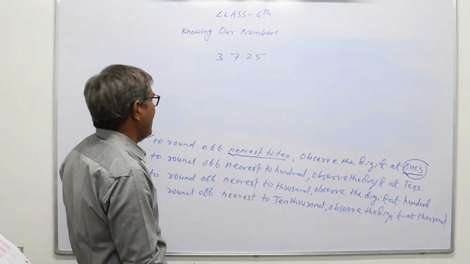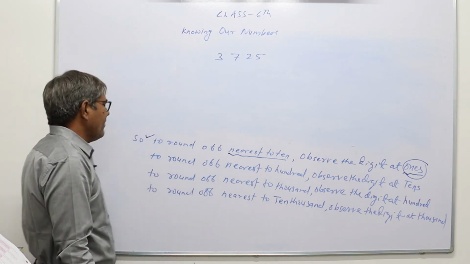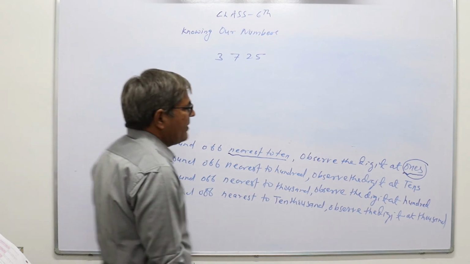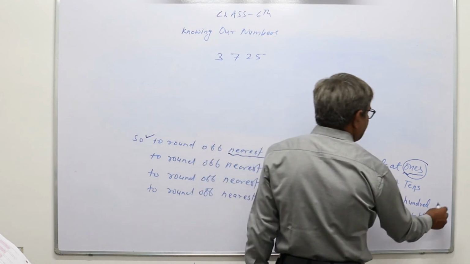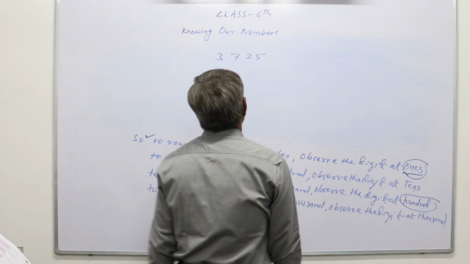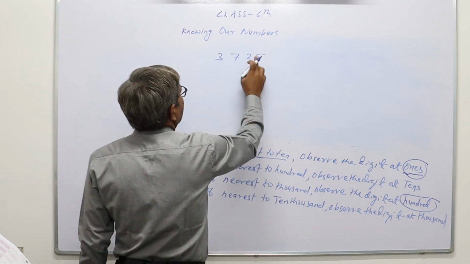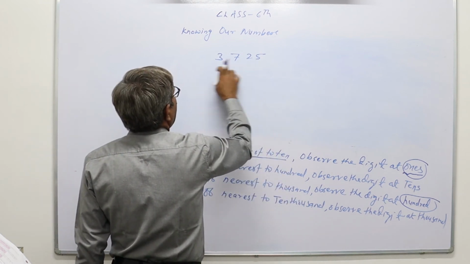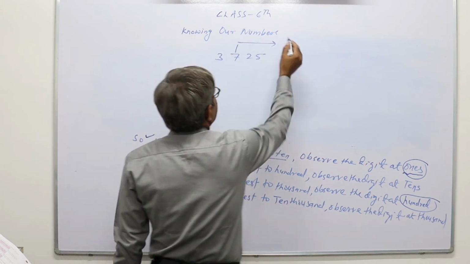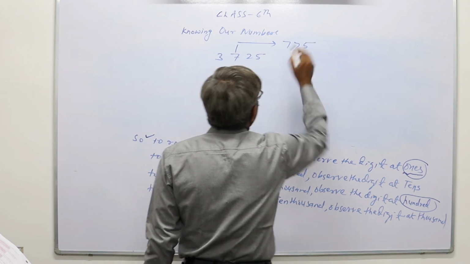If any number is given to round off nearest to 1000, which digit will we observe? We will observe the digit at hundreds place. Here are ones, tens, hundreds and thousands. The digit at the hundreds place is 7, which is greater than 5.